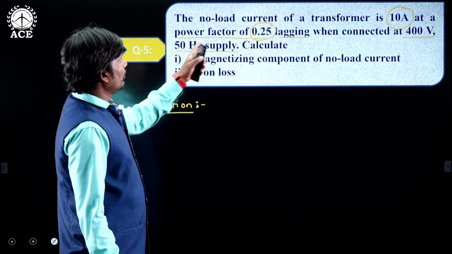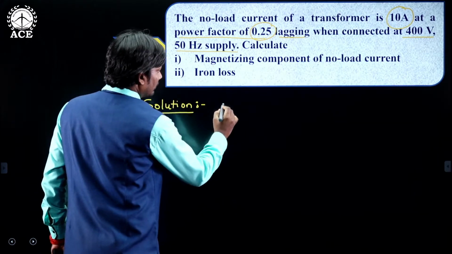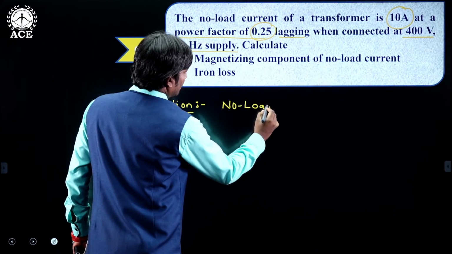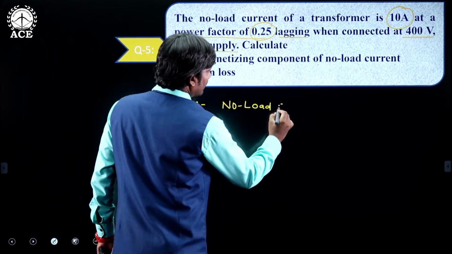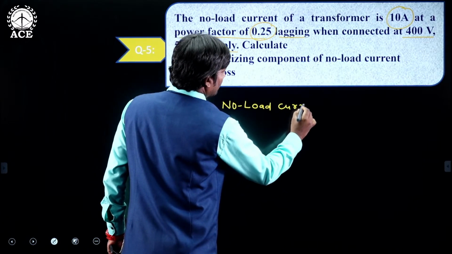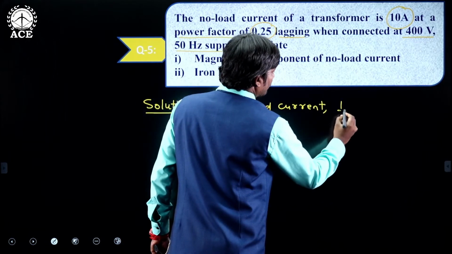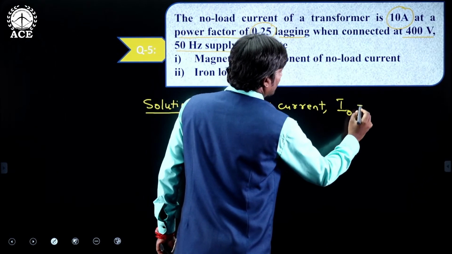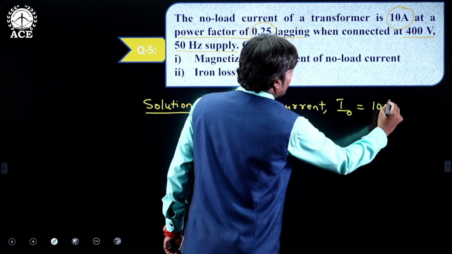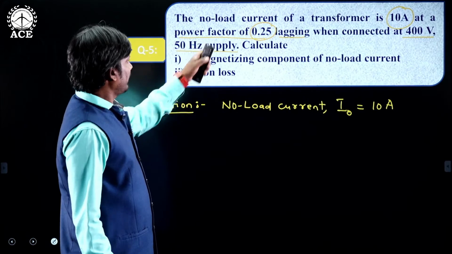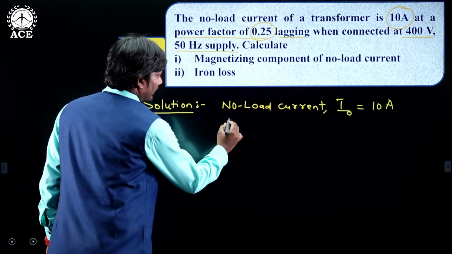What is given? No load current I0 is 10 amps. And the no load power factor is also given.